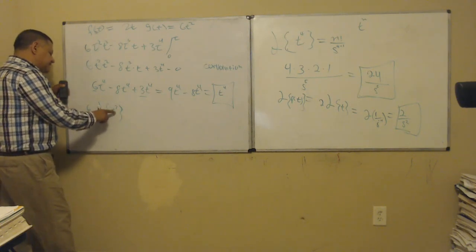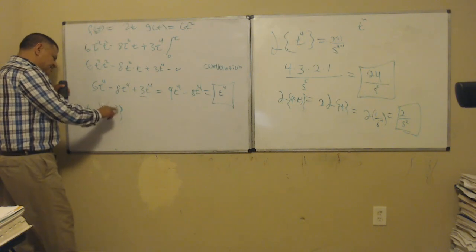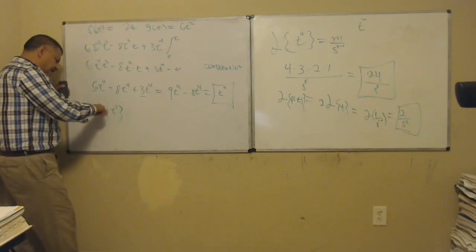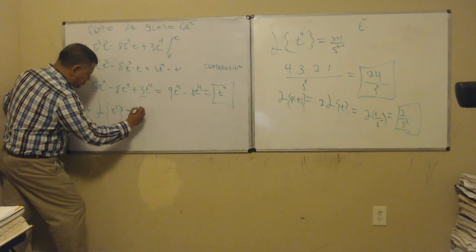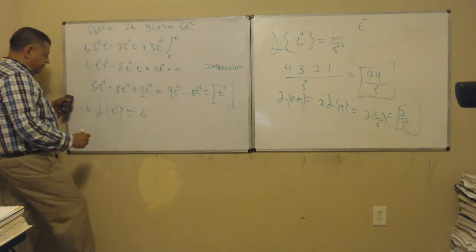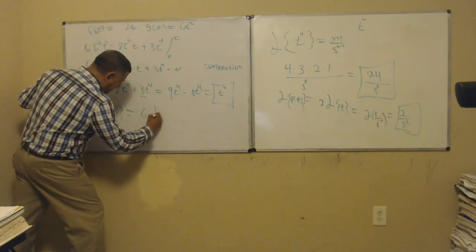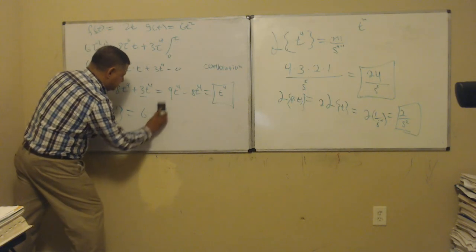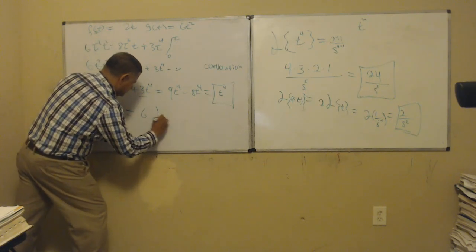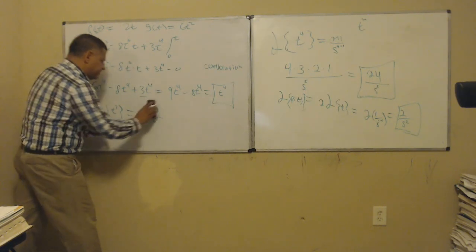Now, inside this, I got a t squared, and taking the Laplace transform of that, it's going to be 6 and then the Laplace transform of this.